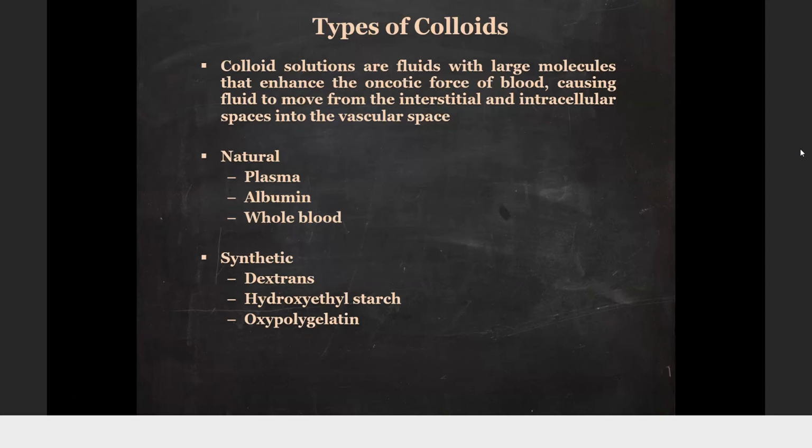So you can give crystalloid together with colloids. We have two types of colloids. Natural colloids are plasma, albumin, and whole blood; whole blood is considered a blood transfusion. We also have synthetic colloids: dextrans, hydroxyethyl starch, and oxypolygelatin.